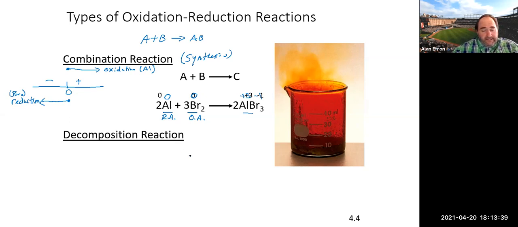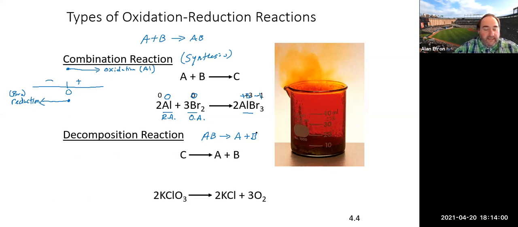So combination or synthesis, you put two things together to make one thing. Decomposition reaction, you take one thing and you break it apart into two or more things. So they're kind of opposites of each other. Synthesis, put it together. Decomposition, break it apart.